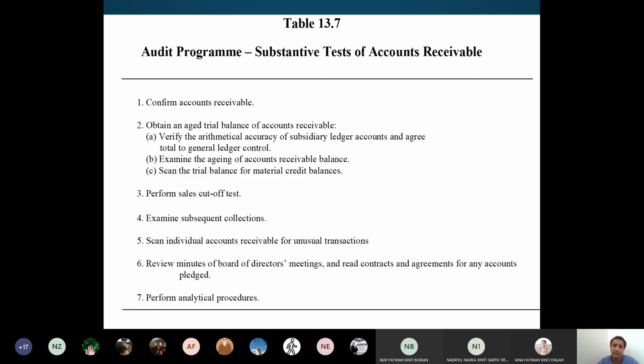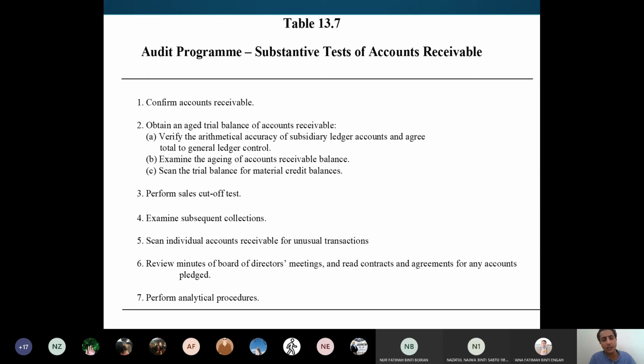Okay, so what is the audit program of the substantive test of accounts receivable? We have 7 procedures, 7 steps we should do. Number one is confirming accounts receivable. We need to confirm the accuracy of the accounts receivable. How to do that? We should send a confirmation letter, request confirmation from some customers of the client, and we will discuss this in the next slide about positive and negative confirmation letters.